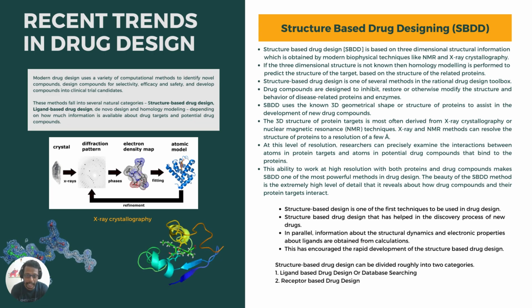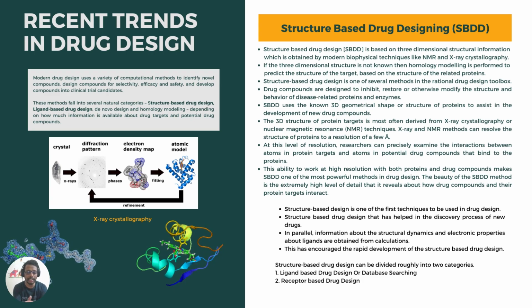Based on these 3D geometrical shapes, which are generally identified as protein targets or target moieties, their structures were often derived using X-ray crystallography or NMR techniques. Both X-ray and NMR methods can resolve the structure of proteins to a resolution of a few angstroms.